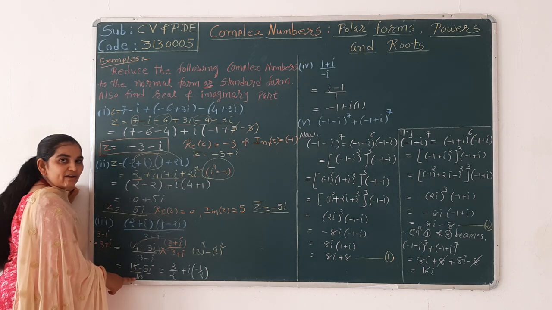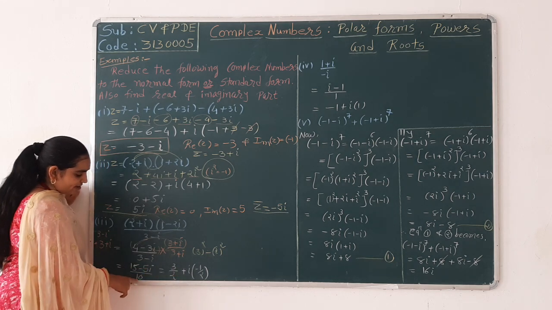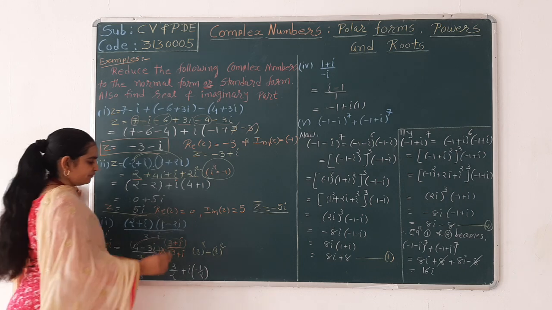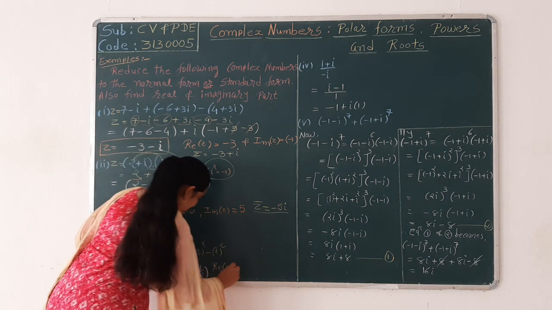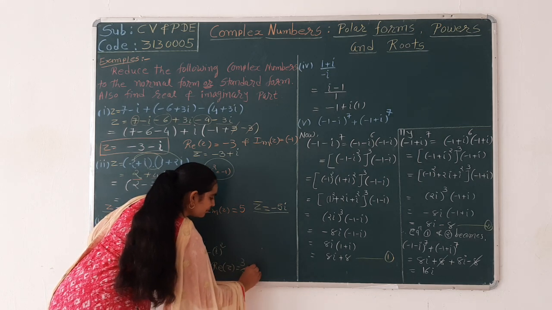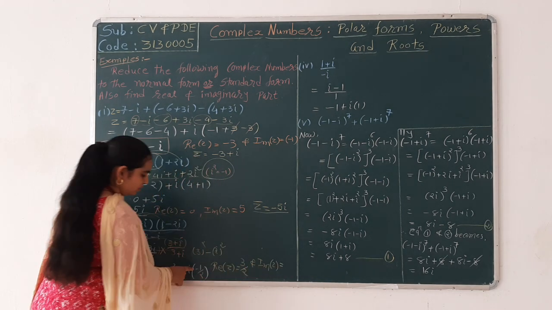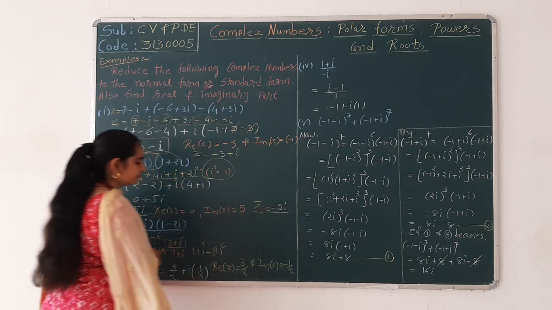Now 15 divided by 10 is equal to 3 by 2, minus 5 divided by 10 is equal to 1 by 2, into I. Here the real part of Z is equal to 3 by 2, and the imaginary part of Z, the coefficient of I, is minus 1 by 2.